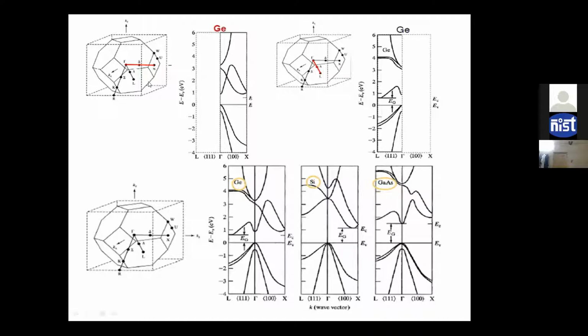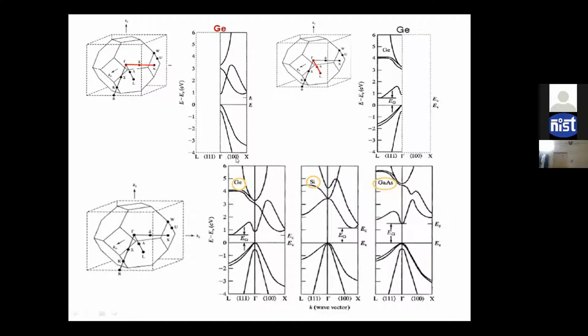In a Brillouin zone there are actually multiple directions. If you go for the solution along this, you can get the X value, gamma value, and L value, and they are not in a single direction. They are in multiple directions; for example, 111 is a symmetric direction depending upon the lattice.